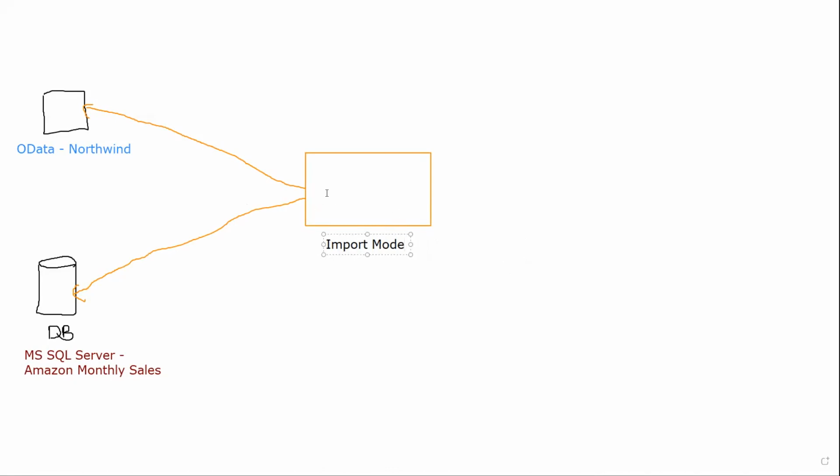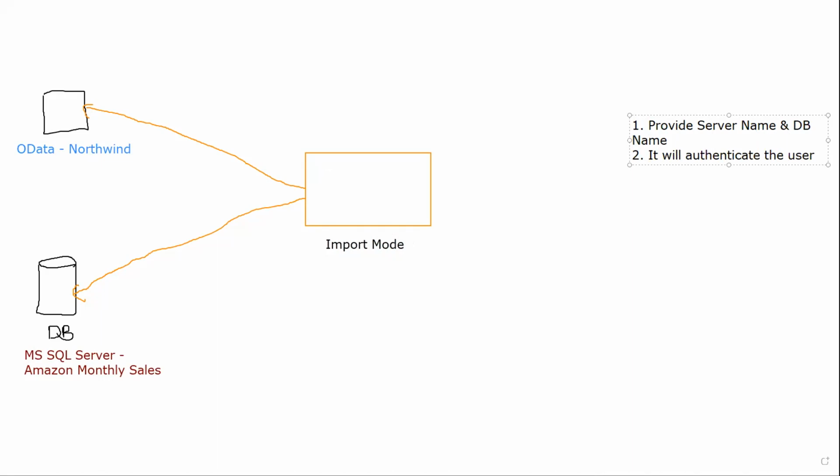So the steps the Power BI engine will take when it retrieves and handles the data are: first, we provide the server name and DB name. Second, it will authenticate the user.